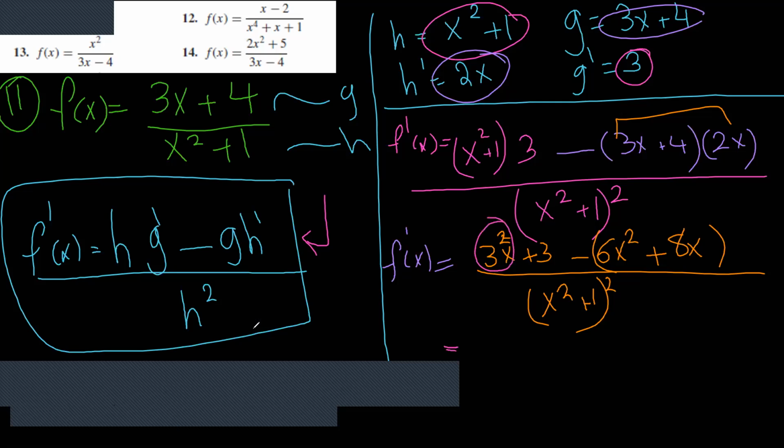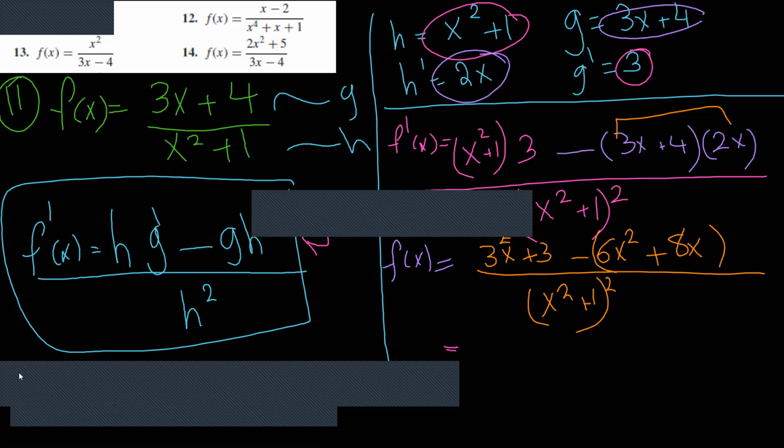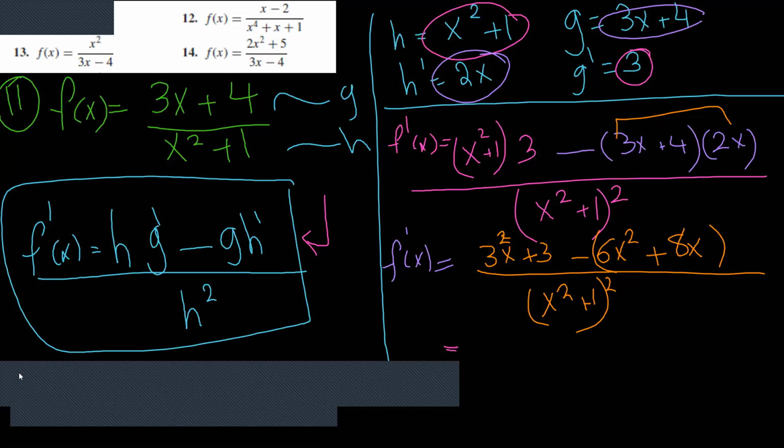Before that, let's simplify them. So let's simplify now. 3x squared plus 3 minus 6x squared minus 8x.